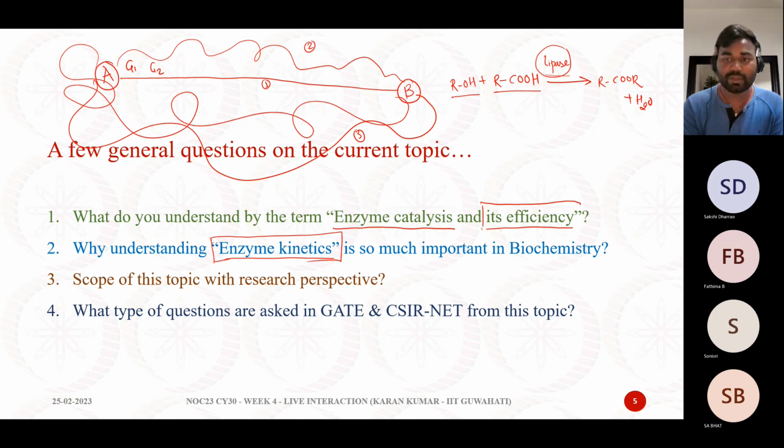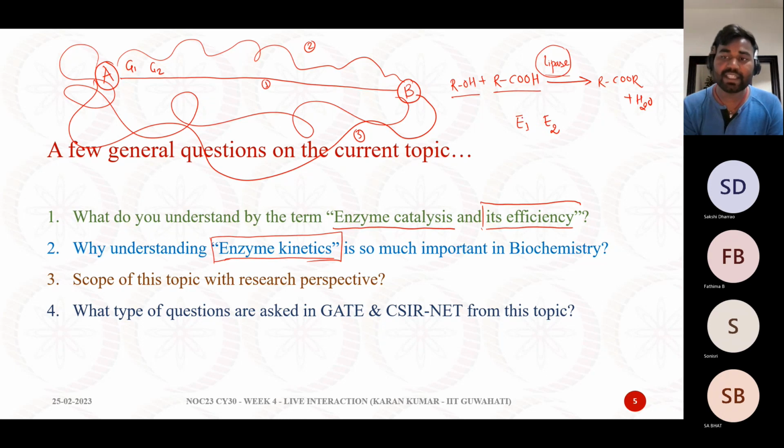So this is what two enzymes also do. If there are two enzymes, E1 and E2, and one enzyme is more efficient in progressing this reaction faster, then it has more efficiency than the other, right?